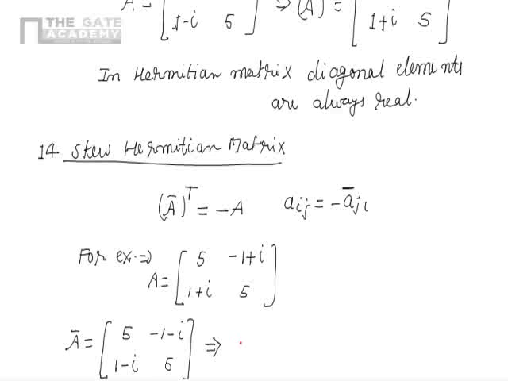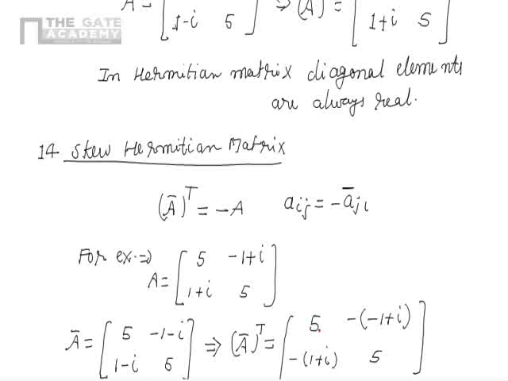If I take the transpose of this, then it will be 5, minus times of 1 plus i, minus times of minus 1 plus i, and 5. I have taken this example intentionally to understand how the diagonal elements should be in the case of a skew Hermitian matrix.